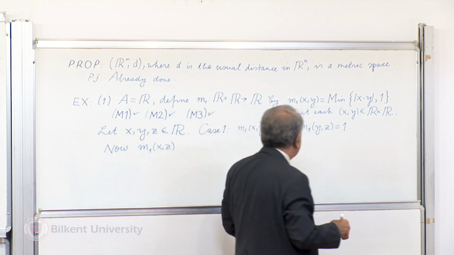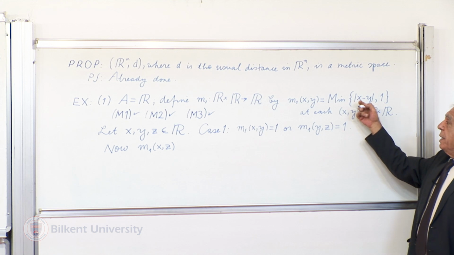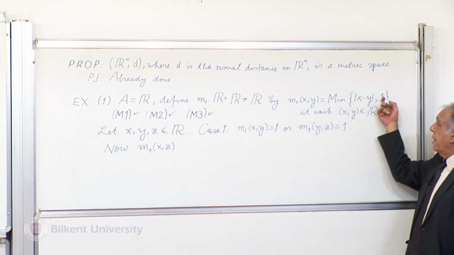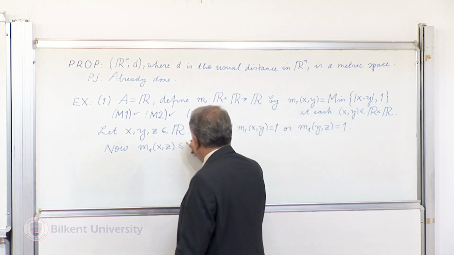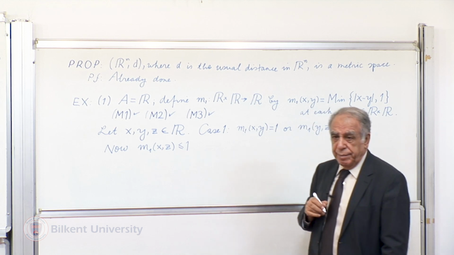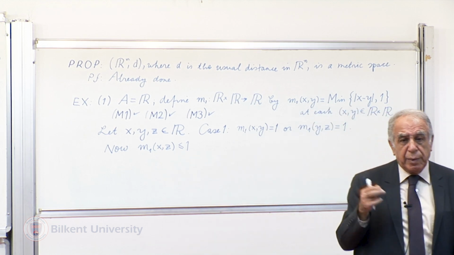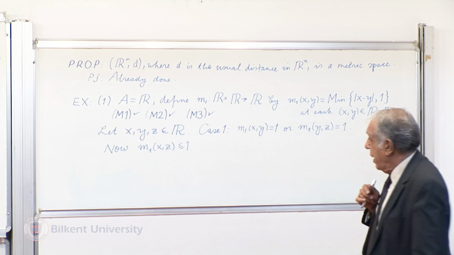But m1(x,z) will be less than or equal to this and this, but in particular this. So this is less than or equal to 1. It will be the minimum of two numbers, one of which is 1, so it cannot be larger than 1.